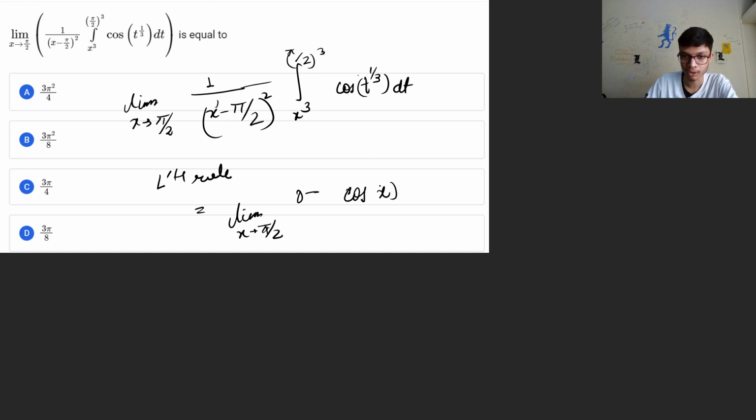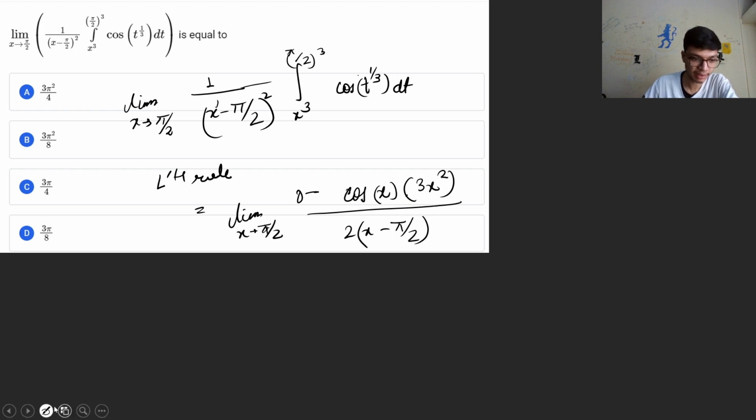So that is going to be cos x into the differentiation of x cube, that is 3x square, whole divided by 2 times of x minus pi by 2. Now from here, you can simplify the result. I will use the result sin x by x, for x tending to 0, the result is going to be 1.